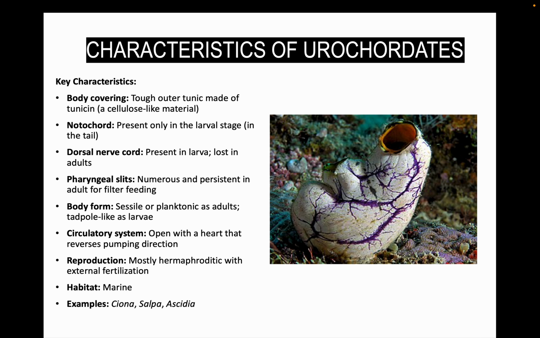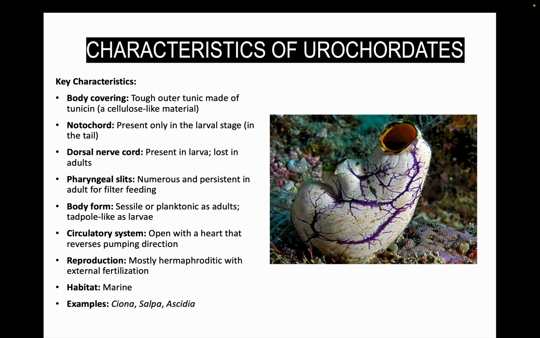The notochord is present only during the larval stage. The dorsal nerve cord, similar with the notochord, is lost during the adulthood of the animal. Pharyngeal slits are numerous and are persistent in the adult. They are kept, allowing the animal to carry out filter feeding.